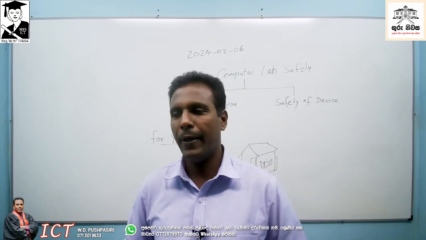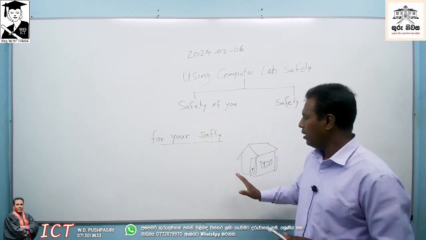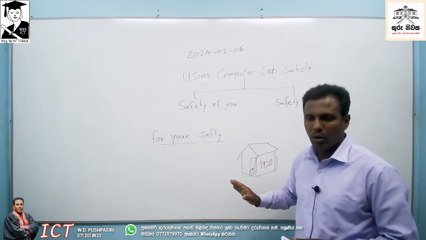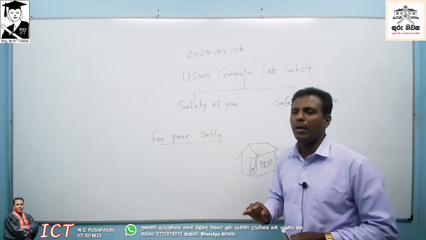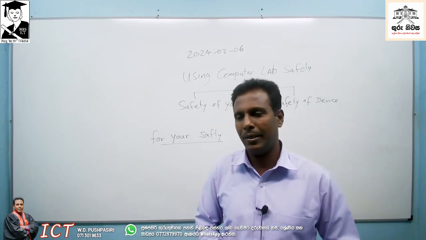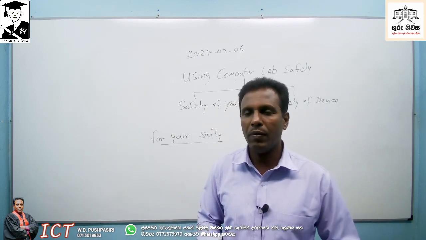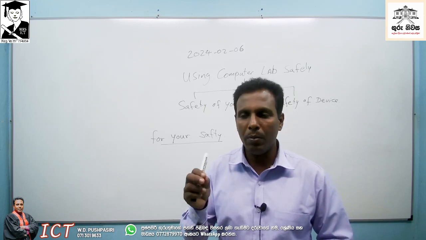Okay. Now normally in a computer room we have an entrance door and also an exit door, but normally we don't use the exit door unless it is necessary. So that is what we call the emergency door. We should know where the emergency door is.